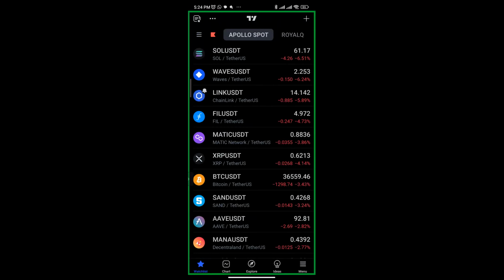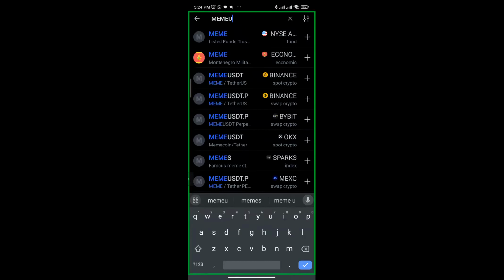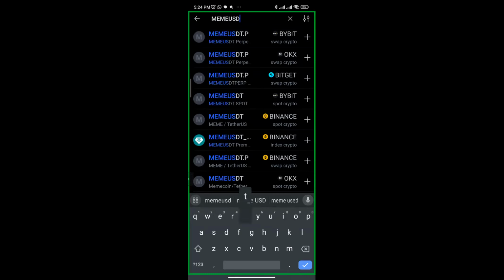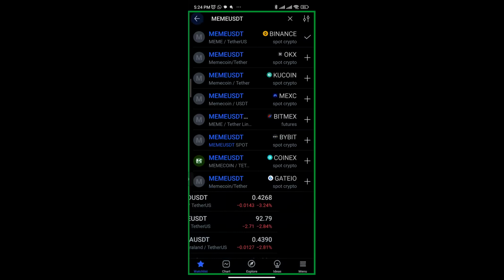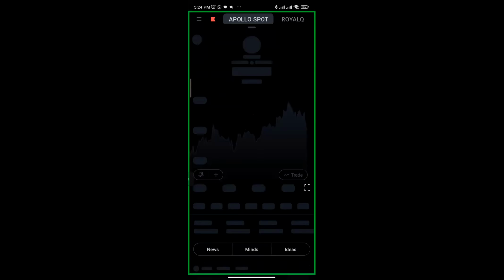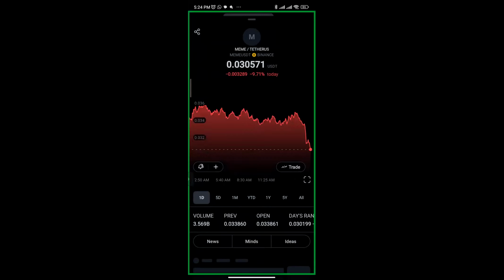Okay, let me tap on that. We talked of meme coin, right? So this is the third approach. Let's open this coin. Can you see? It's red, very red.